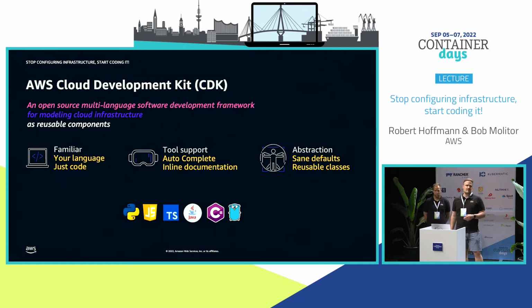And what are the benefits if you use CDK or, again, any of those other tools that do the same thing? Well, first of all, it's pretty familiar for you if you can pick your favorite language that you already know. So if you're someone who really likes Python, you can pick Python or TypeScript or Java, and a few other languages, you see all of them at the bottom.